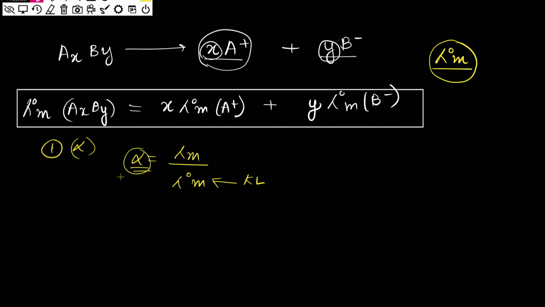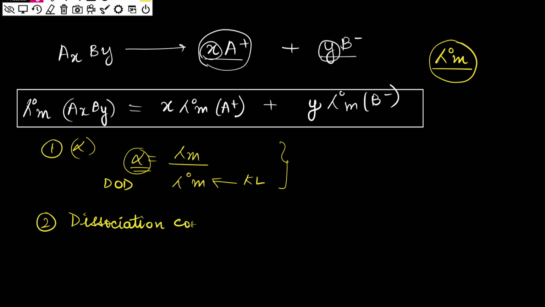So one of the applications is to determine the degree of dissociation for weak electrolytes. And the second is to calculate the dissociation constant. This is another application of Kohlrausch law.